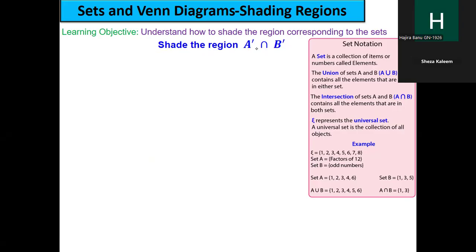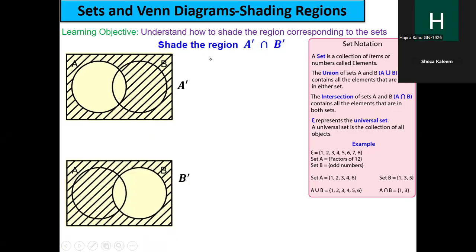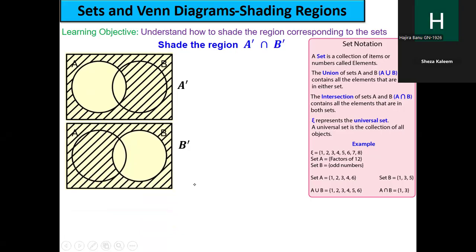Now, A complement intersection B complement. So this is your A complement and this is your B complement. Intersection means what is commonly shaded. Can you tell me what is commonly shaded? The rectangle. So when we are doing the final shading, this gets omitted, this gets omitted.